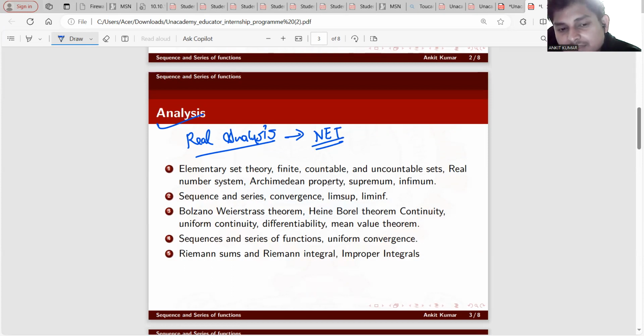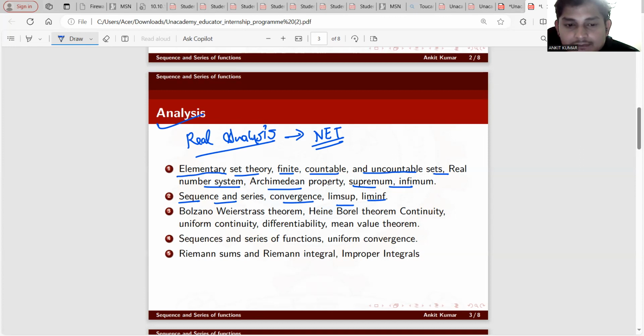In the first part, I will cover elementary set theory, finite, countable, and uncountable sets, real number systems, Archimedean properties, supremum and infimum. Now, in the second portion, I will cover sequence and series, different types of sequence and series, convergence, limit supremum, limit infimum, and so on.